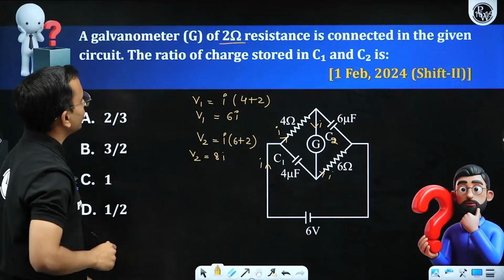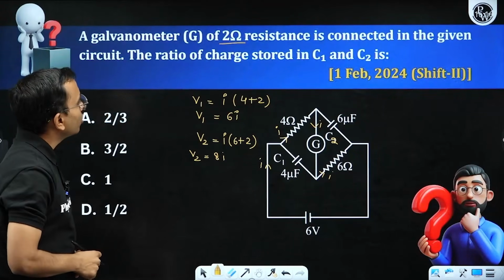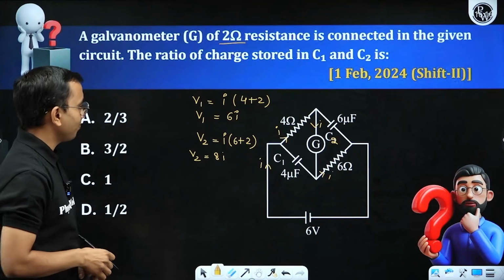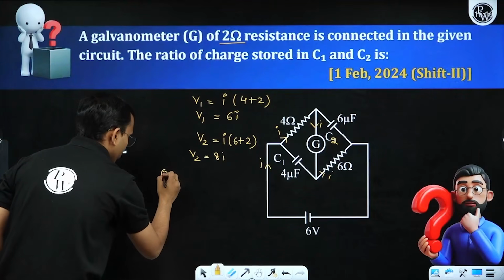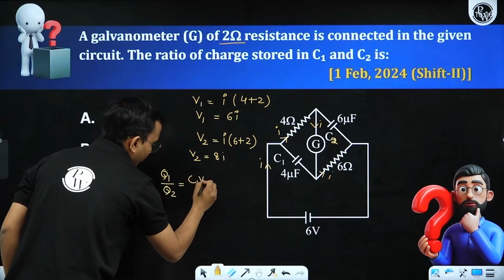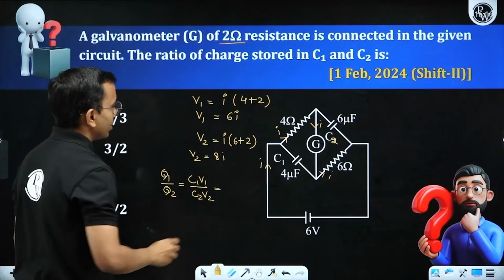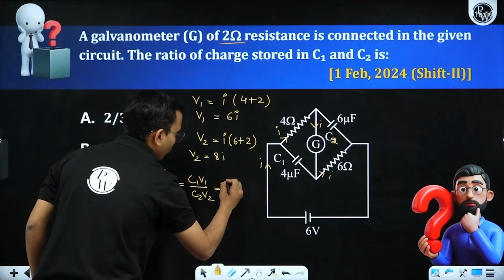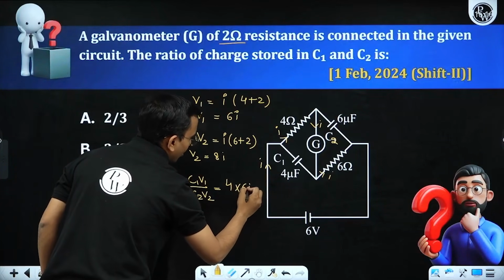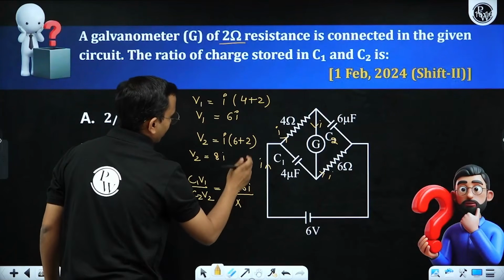I have to find the ratio of charge. Q is equals to C into V. So when I say Q1 by Q2, that is C1 V1 by C2 V2. What is C1? 4. What is V1? 6I. What is C2? 6. What is V2? 8I.